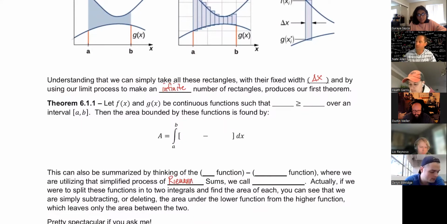No, but I still want you to understand they are Riemann sums. And as long as your f function is greater than or equal to your g function at all the places, then we know that this is the upper and this is the lower function. And therefore, what are we going to do to find the area between them?